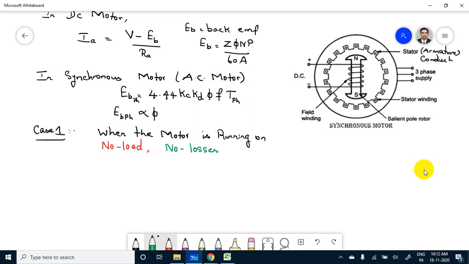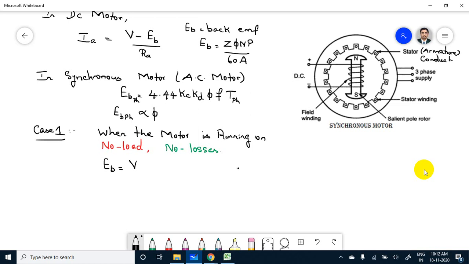During this time we are having field excitation to the field winding. Therefore the back EMF EB is equal to the terminal voltage.